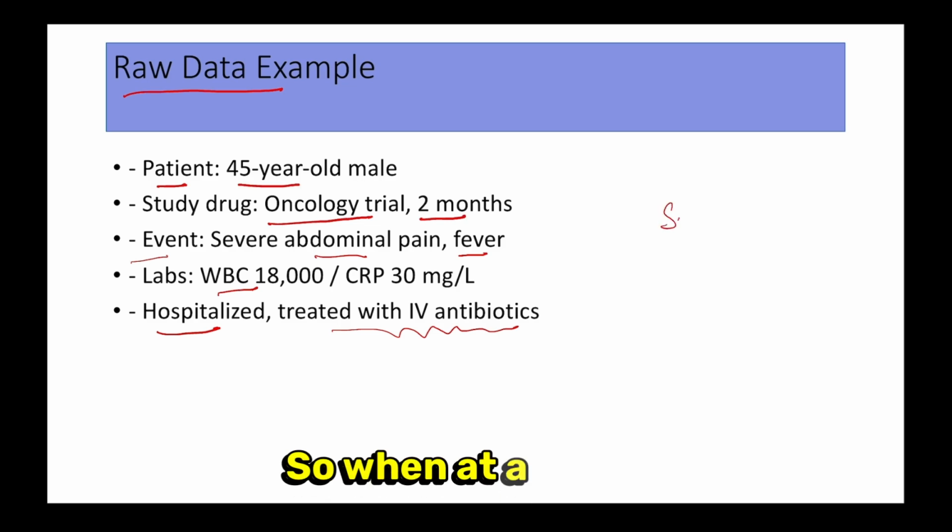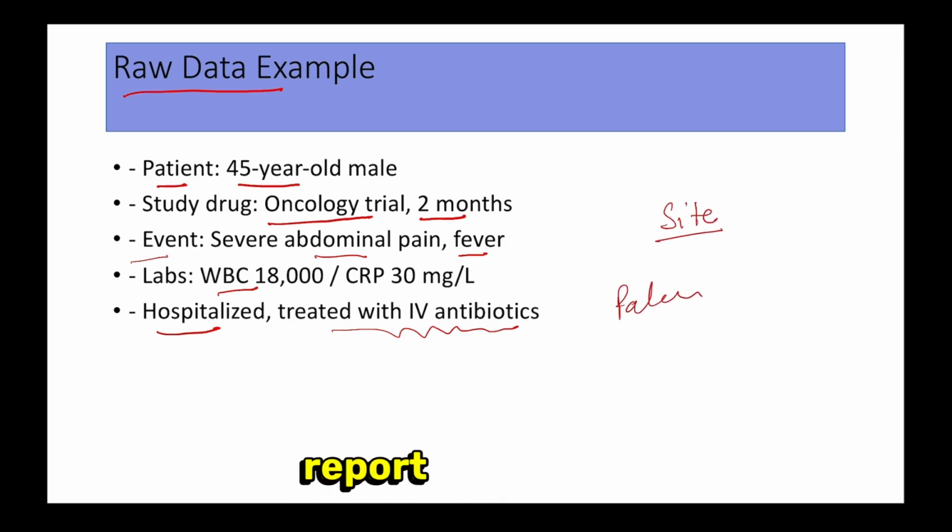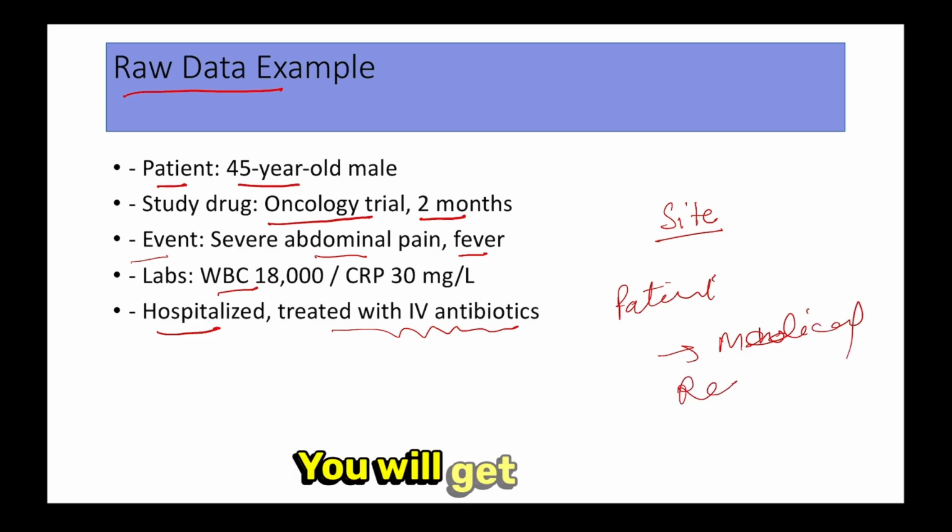So, when at a site where the actual trial happens, a patient reports this type of event, it may be written in his medical records. You will get all this information in the patient medical report, or you can say patient summary.